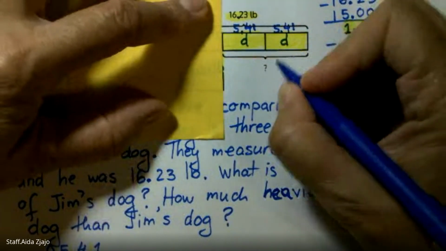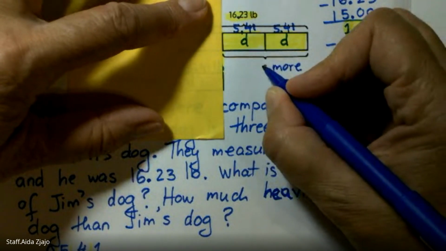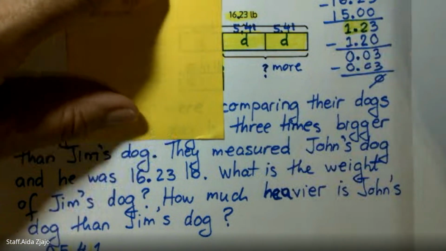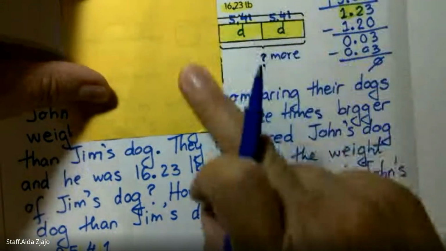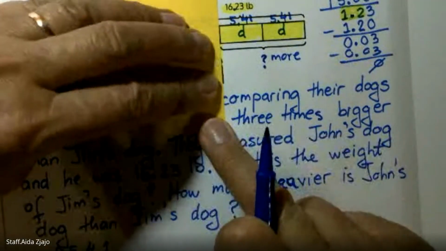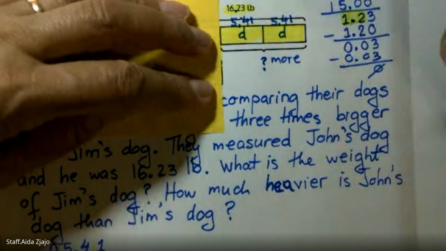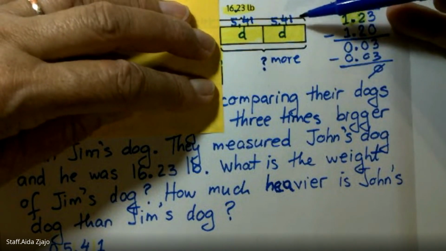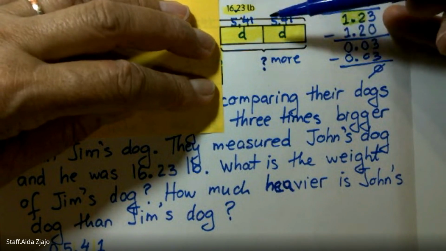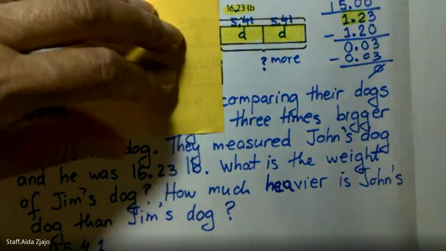And this here is the question mark: how much more, how much heavier? If they're the same, then they will be all 5.41, but this is how much heavier. So you have a choice to add 5.41 plus 5.41 pounds, or you can say 5.41 times 2. It's your choice.